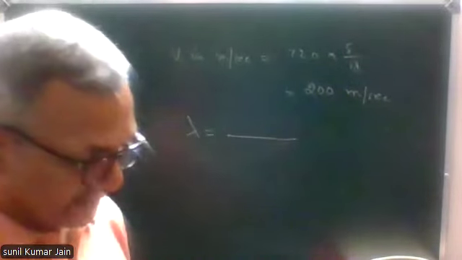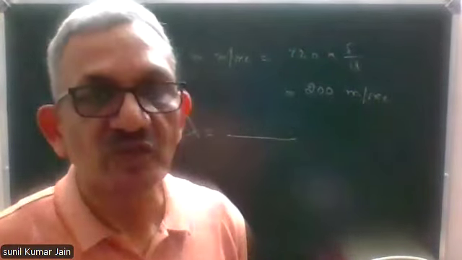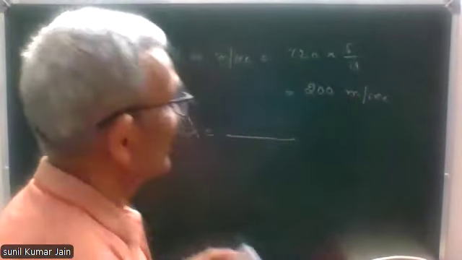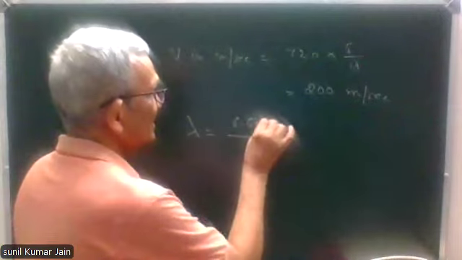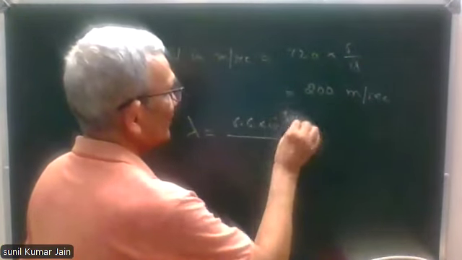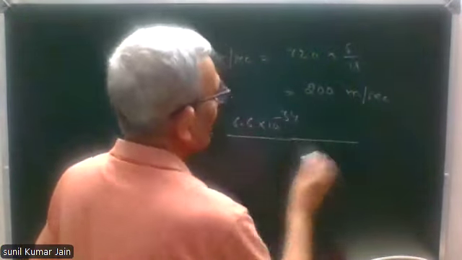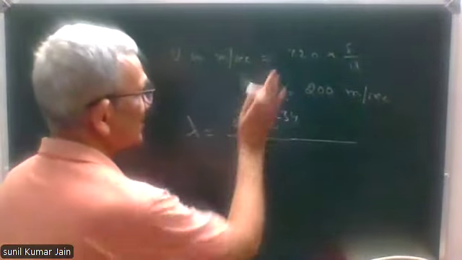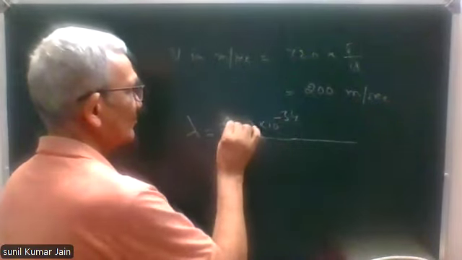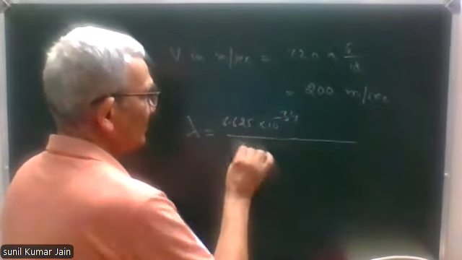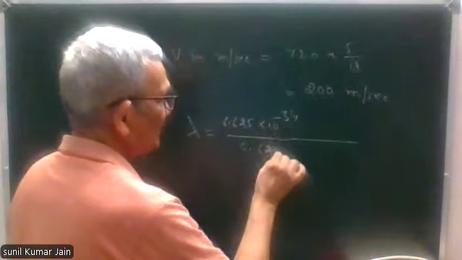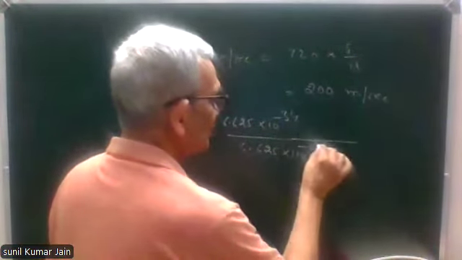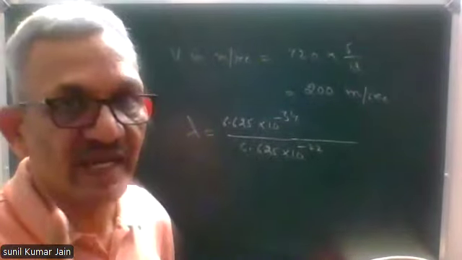Now, lambda is equal to h divided by mv. h is 6.6 into 10 to the power minus 34. Mass of the particle, we can take 6.625 into 10 to the power minus 22. This is the mass in grams.